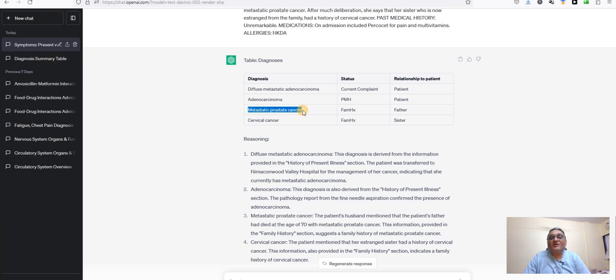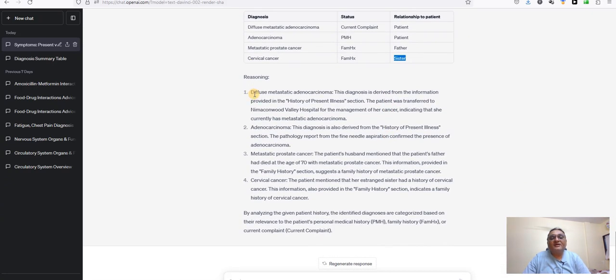This diagnosis was for his father, and this diagnosis is for his sister. Of course, diagnosis here means the probability of them having this thing. Then it gives a reason for each of the diagnoses.